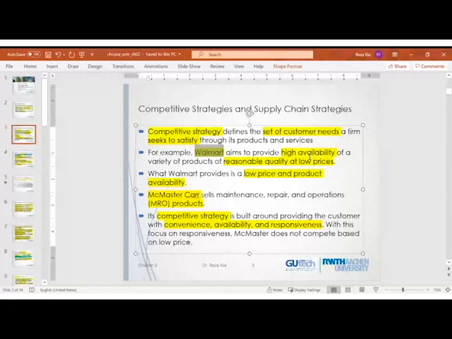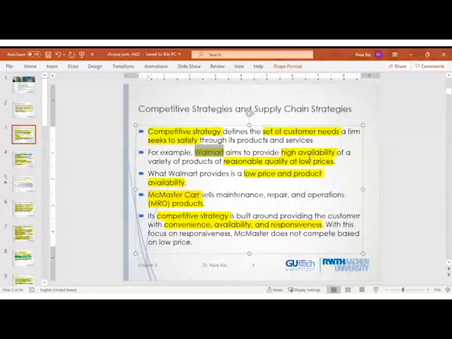But this is not always the matter of price or quality. Sometimes it is the matter of responsiveness and the matter of time. For example, here one example is McMaster-Carr, which is a retailer of maintenance and repairing products, accessory products, and their competitive advantage is fast responsiveness.